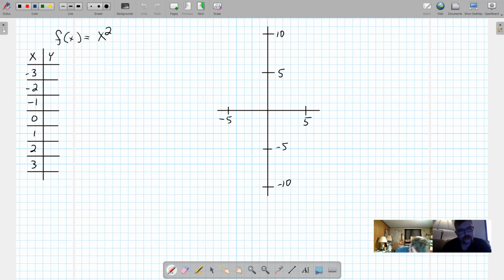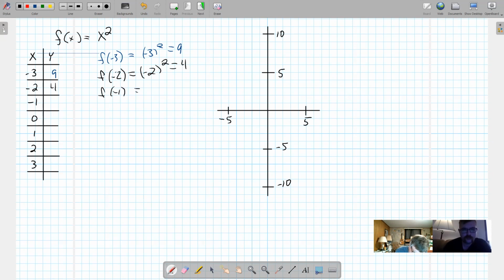All right, so f of -3 is -3 squared, which is 9. I'm going to switch over to black instead of blue. F of -2 is -2 the quantity squared, which is 4.